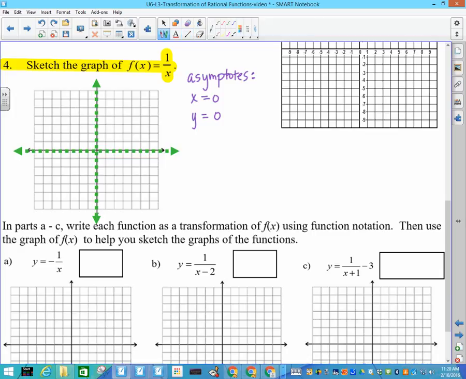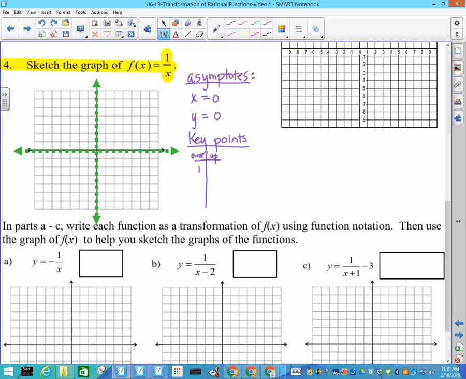Okay, and the other thing that we always talk about when we do our graphs are key points, because what's important in building our parent function library is that we know the shape of a graph and some key points on that. The key points are going to be an over and an up from the intersection of our asymptotes.